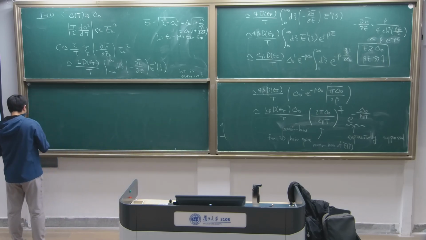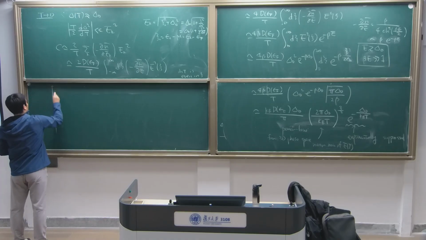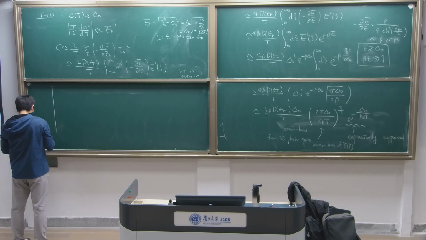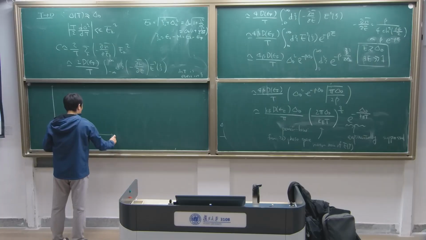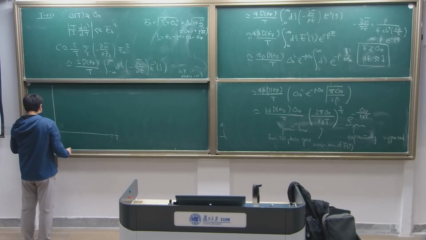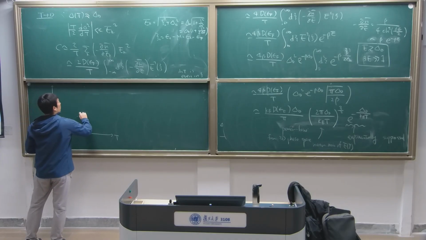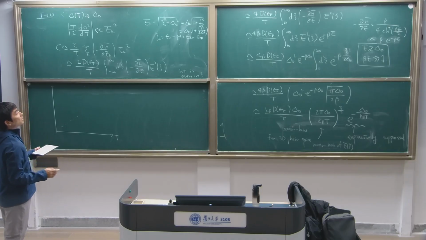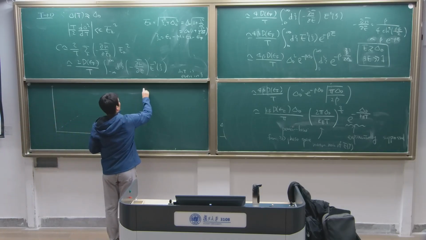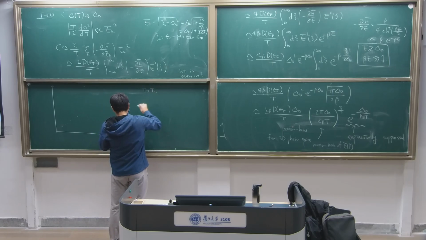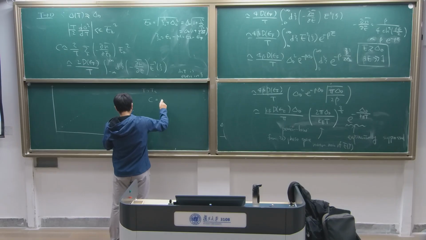Okay, and then what's really happening in the relaxation form? The T represents something times T. Okay, anyway, it becomes linear.